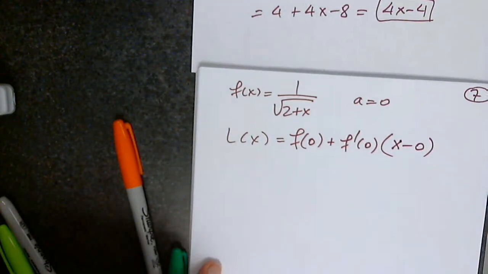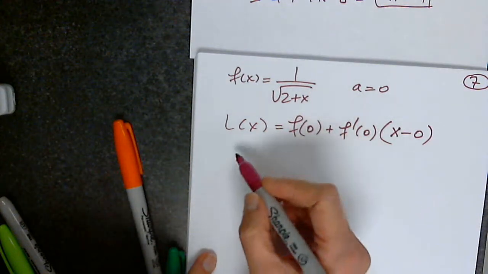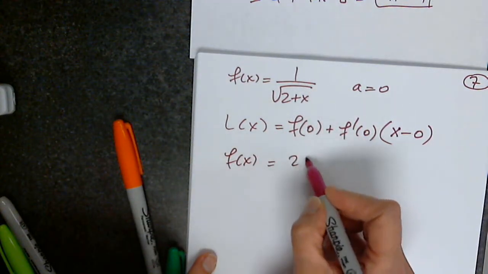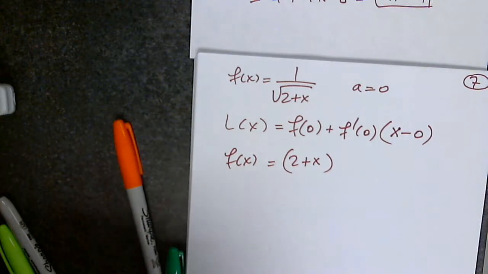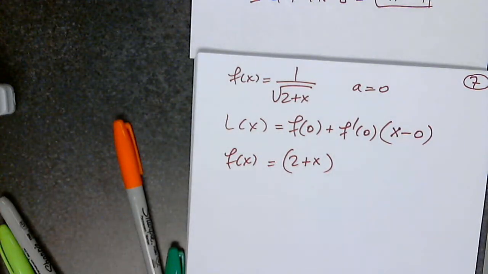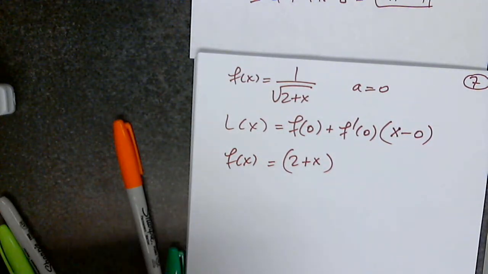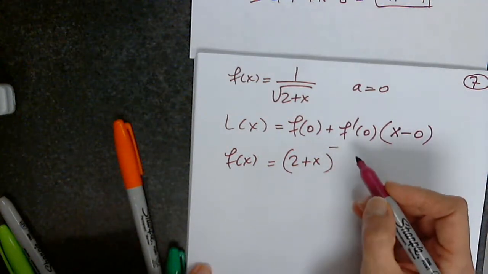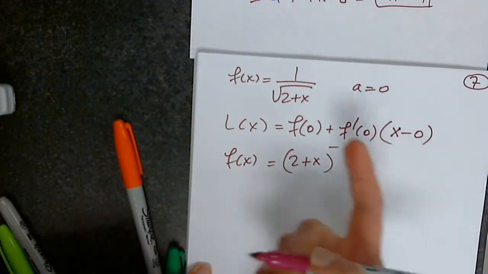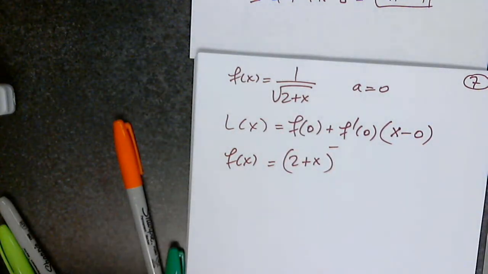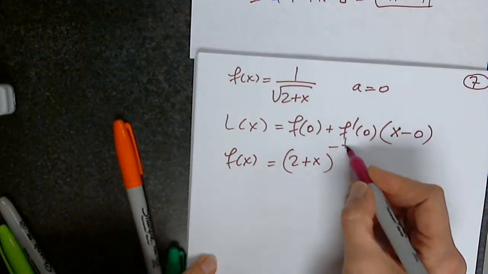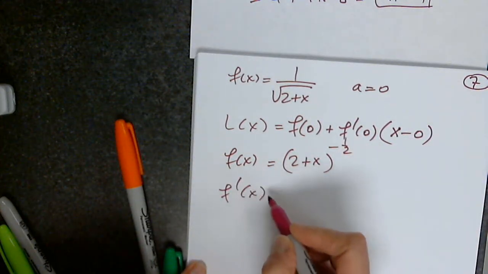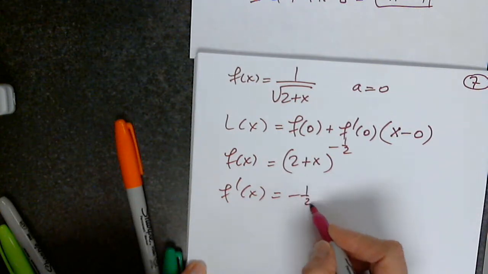Good. So now let's go back. Change f of x into 2 plus x to which power? It has the square root, it cannot be negative 1. Negative 1/2. Very good. So then for f prime of x, I bring negative 1/2 in front.